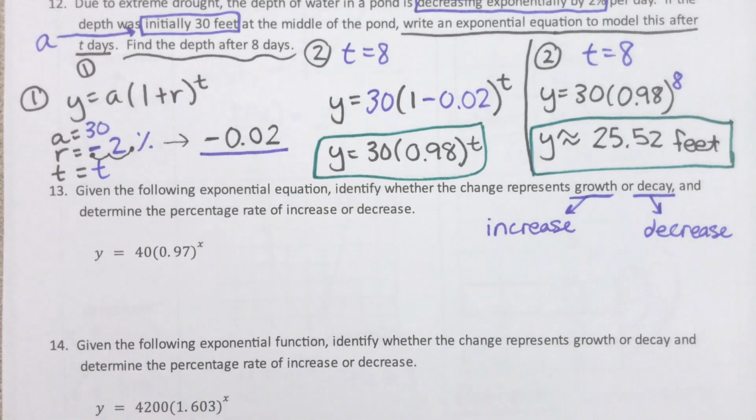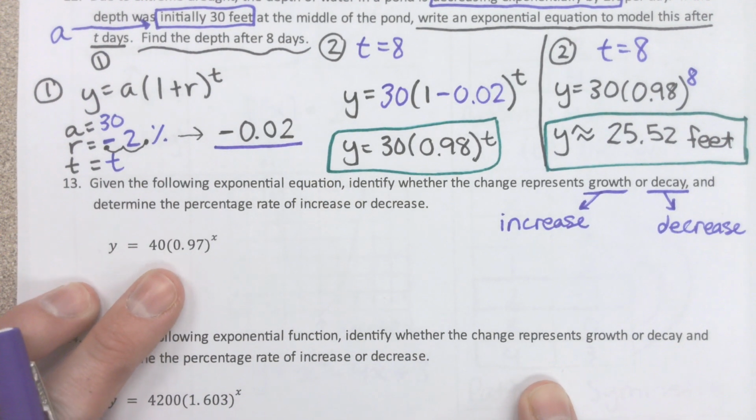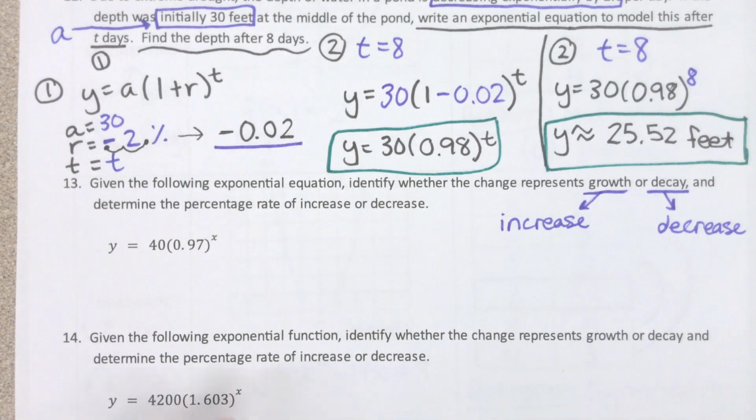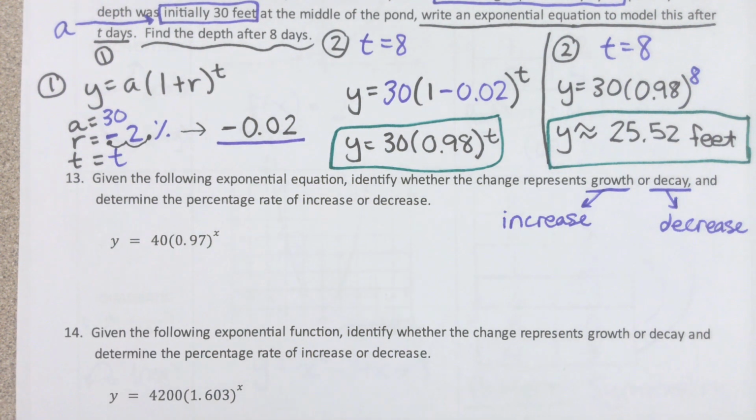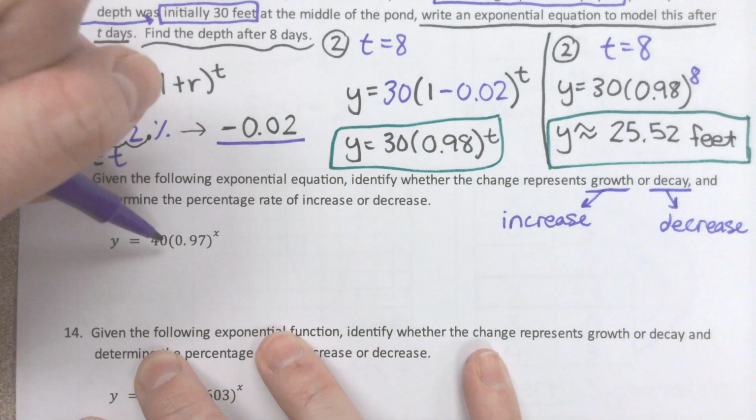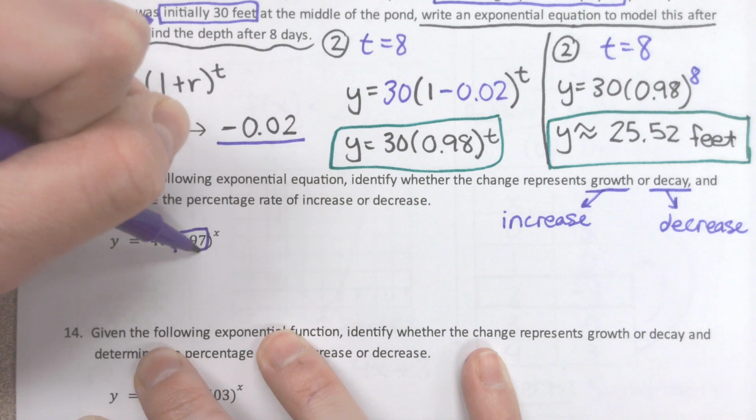So we need to identify 2 things here. Whether the change is growth or decay. And we need to determine the percentage rate of increase or decrease. So we need to actually find that number of increase or decrease. Looking at our equation here, I've said before, it's a number in parentheses that tells us this information. So that 0.97, that is all we care about.